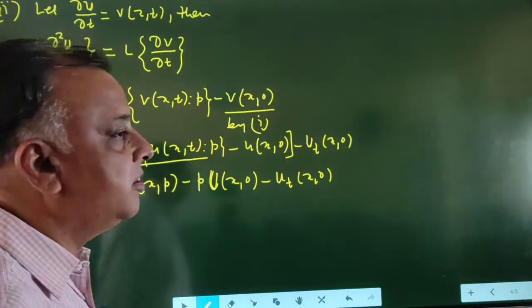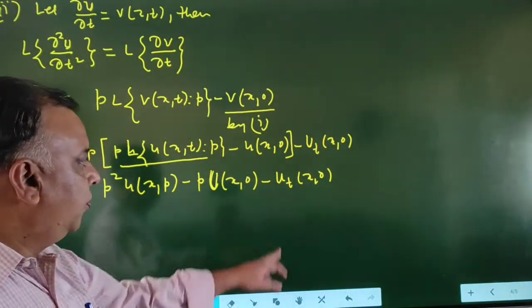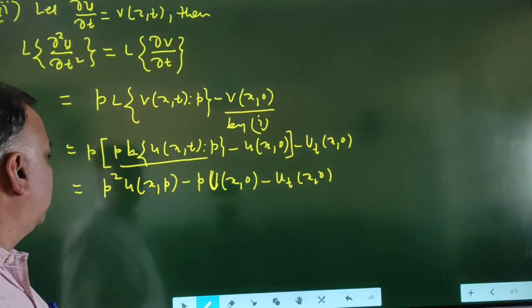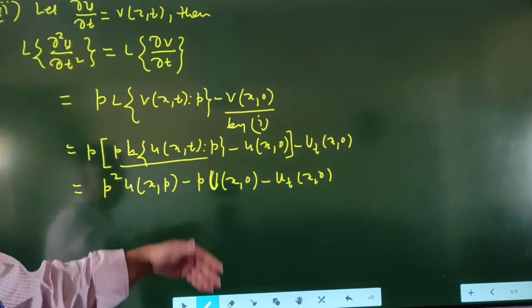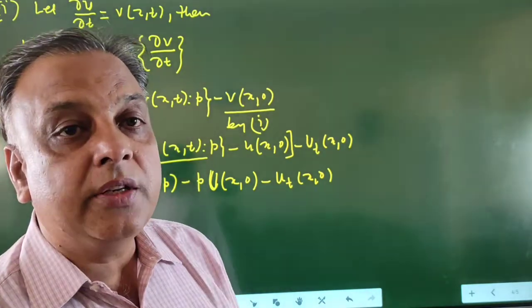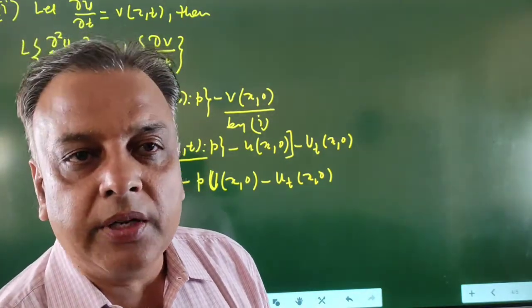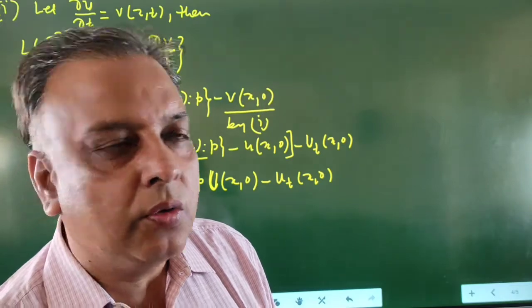So v(x,0) is the partial derivative of u with respect to t when t is equal to 0, and by solving this we get this result. This is the Laplace transformation of the second partial derivative of u with respect to t.